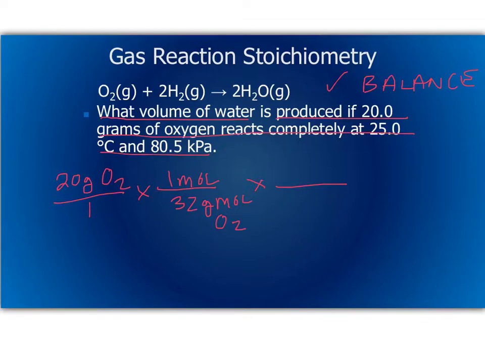The ratio has to be moles of oxygen on the bottom. So how many oxygens do we have? We only have 1 mole of oxygen based on the balanced equation, which is 1 here, remember. If it's missing, it's just 1. So you just write that.